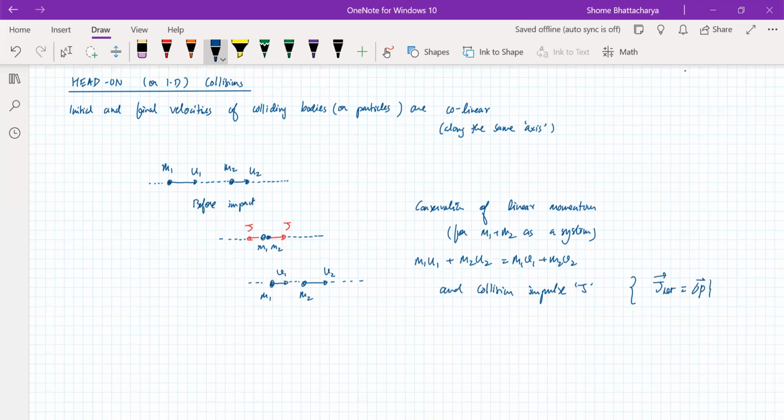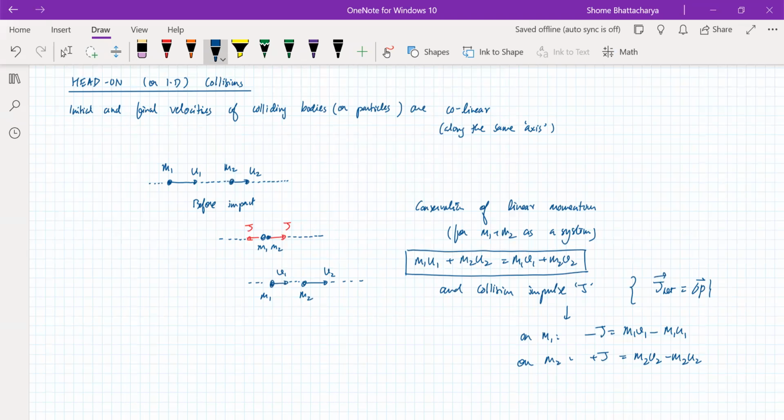So using that, the collision impulse can be calculated like this, that on M1, the impulse acting is minus J, and that is equal to the final momentum minus initial momentum. Or on M2, the impulse will be acting in the positive direction, and that is M2 V2 minus M2 U2. But more important for us is this equation. This equation comes from the conservation of linear momentum.